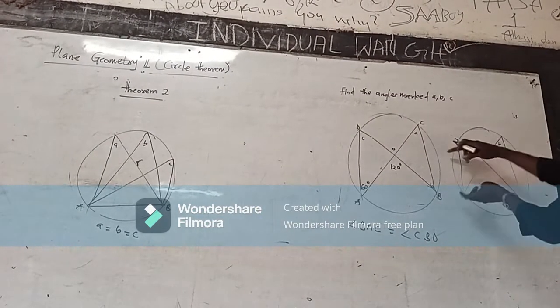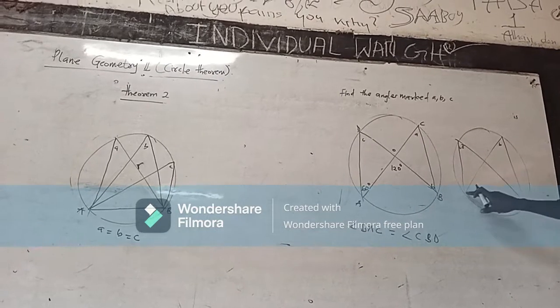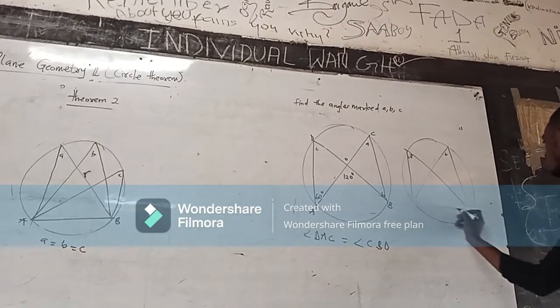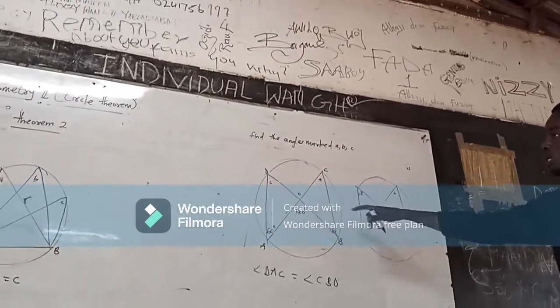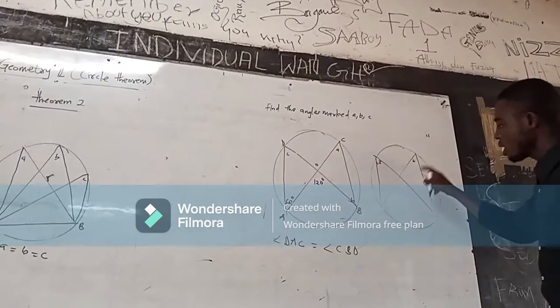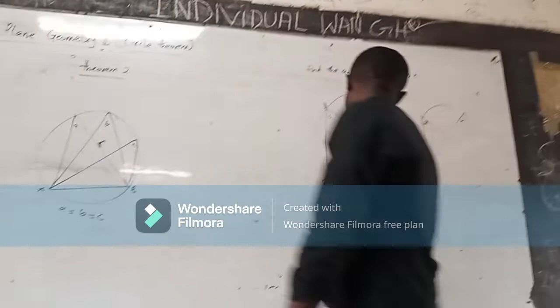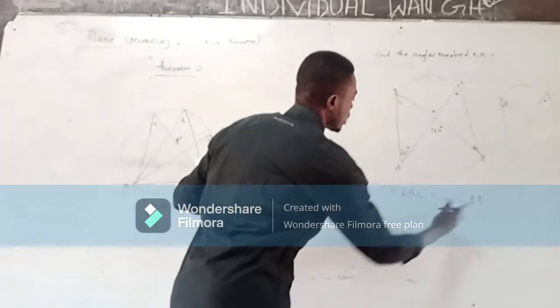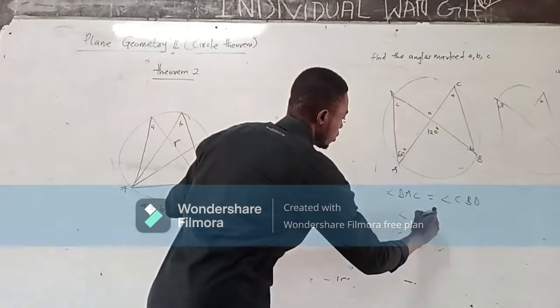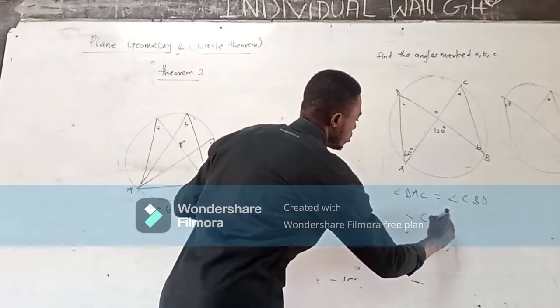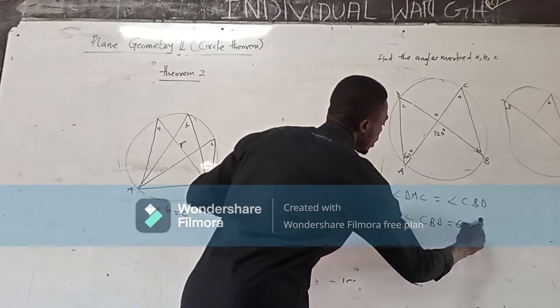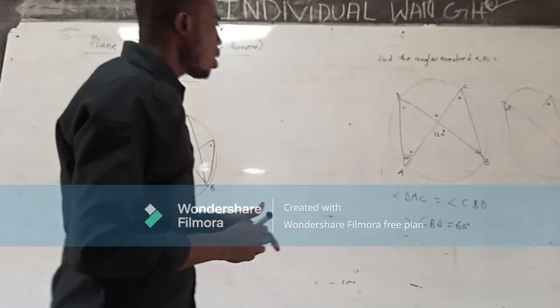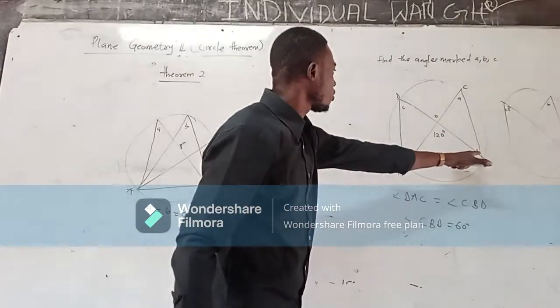The same thing, when you turn it, it will be like this. Because they are all building on the same chord, that is the rule. So it means that B will be equal to 60. Therefore, angle CBD is equal to what? 60 degrees.